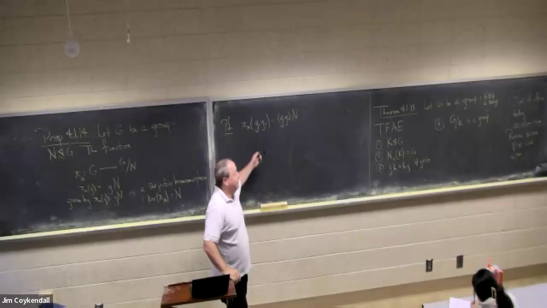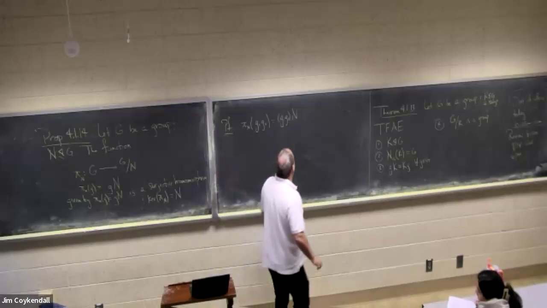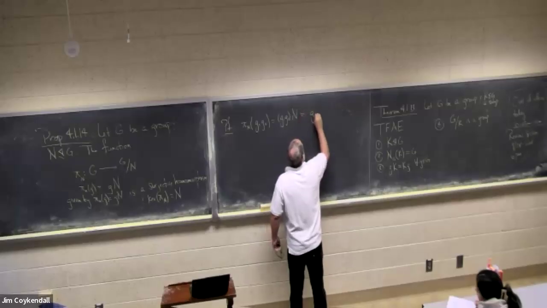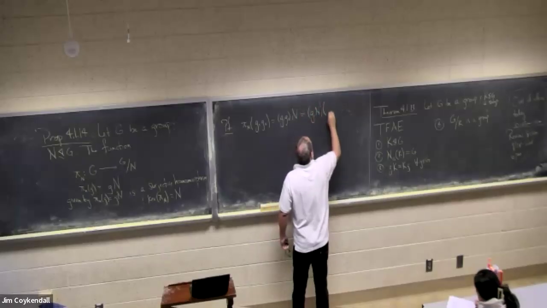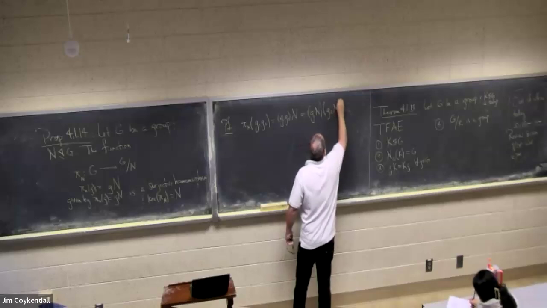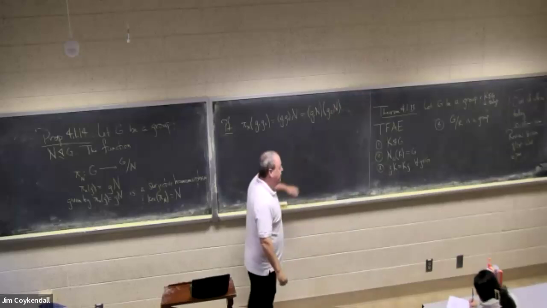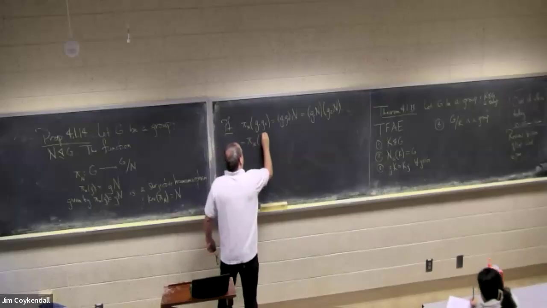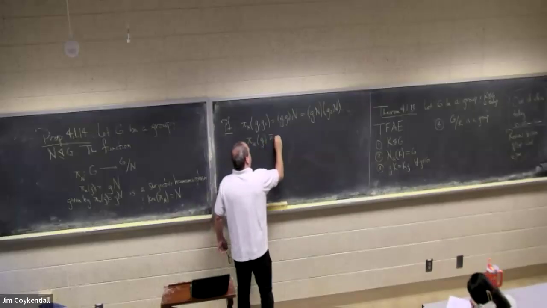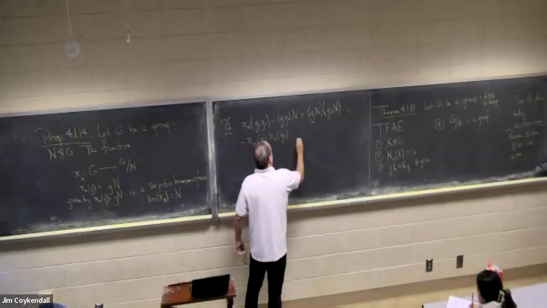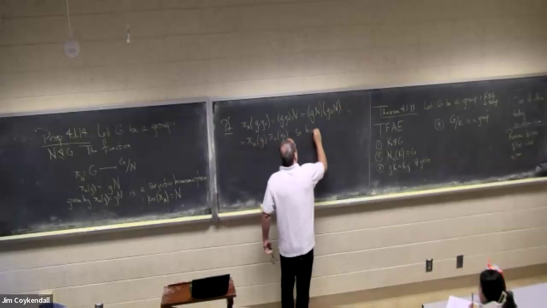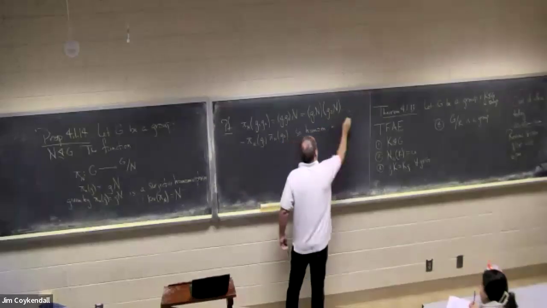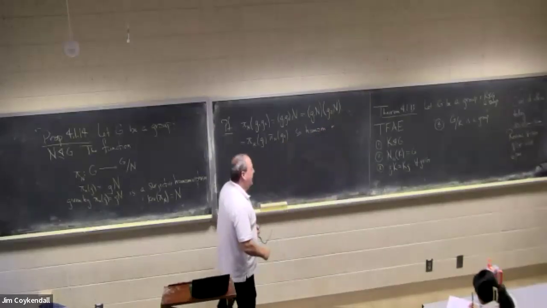Would it be g1 N and g2 N? Good. And this by definition is pi of g1 times pi of g2. So this is a homomorphism. Okay, I got that box checked.